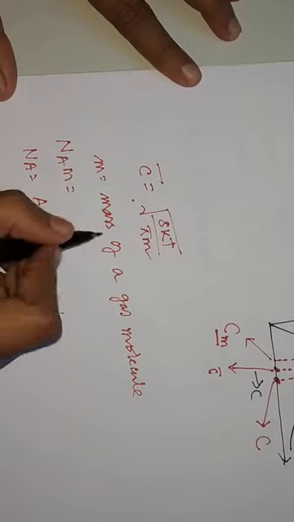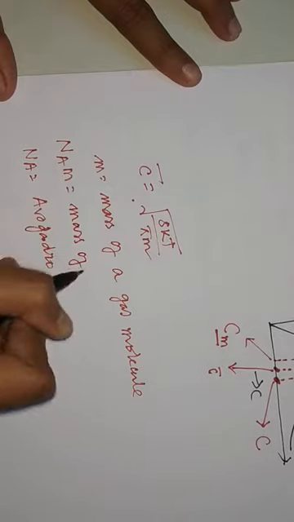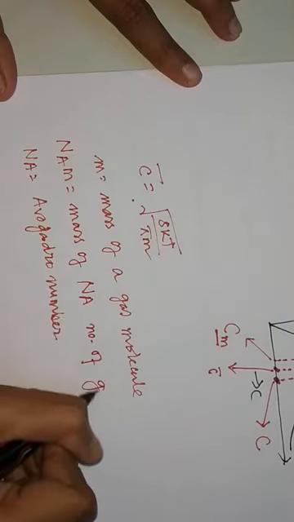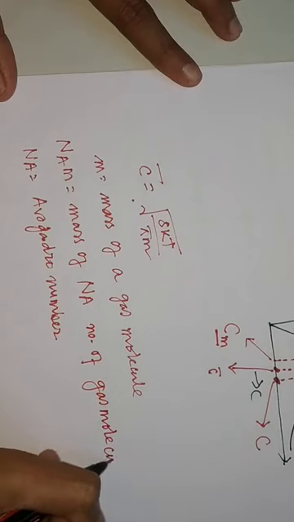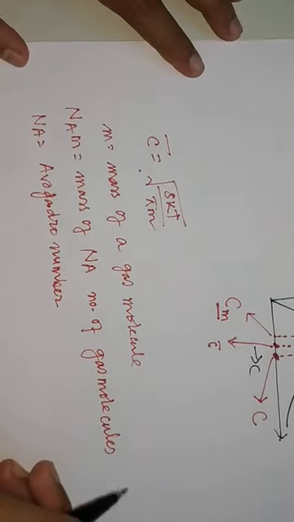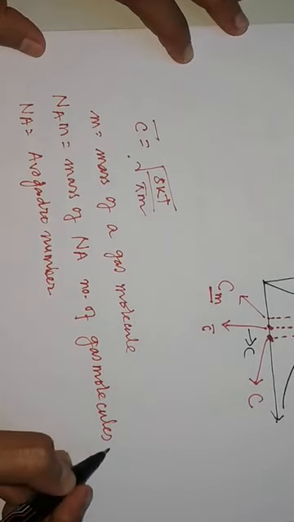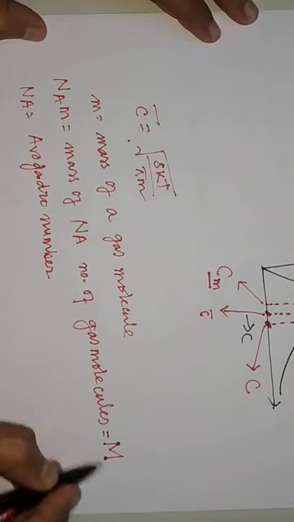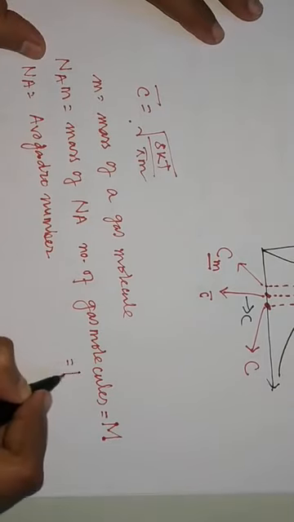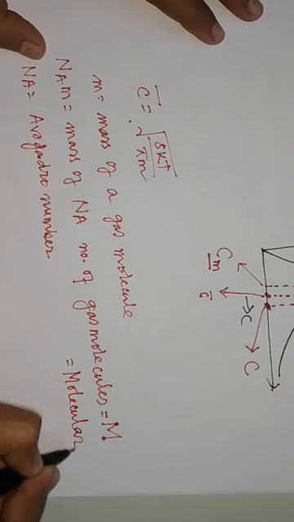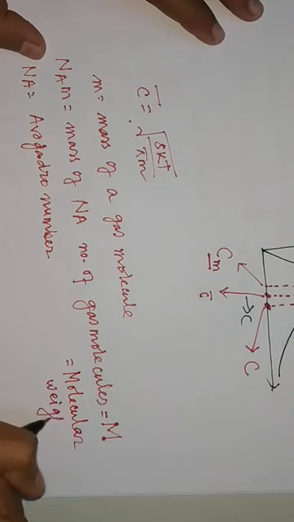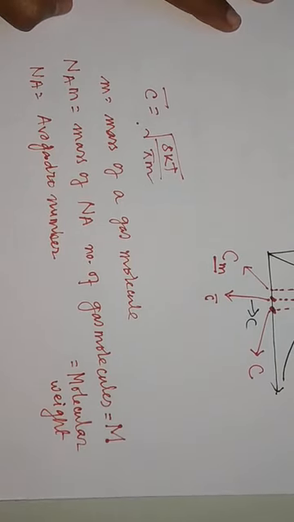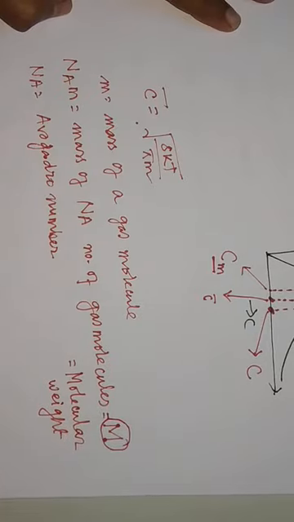So m Na will give us the mass of Na number of gas molecules. If we have an Avogadro number of gas molecules, their mass, if written as capital M, is called molecular weight. So the mass of Avogadro number of gas molecules is called molecular weight, written as capital M.